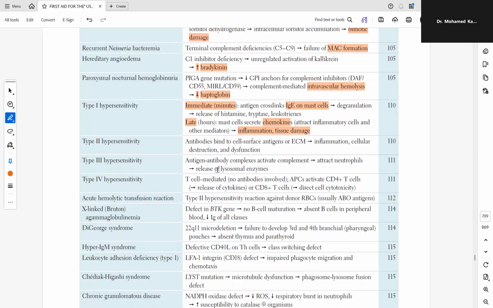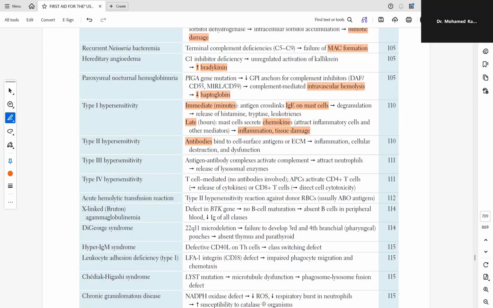Type 2 hypersensitivity: antibodies bind to cell surface antigen on the extracellular matrix. I think ECM is extracellular matrix.